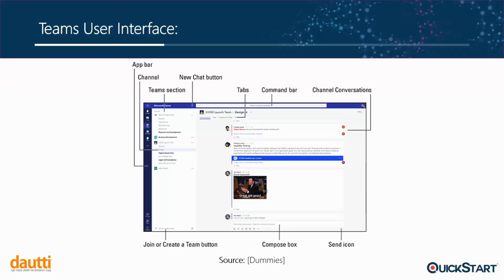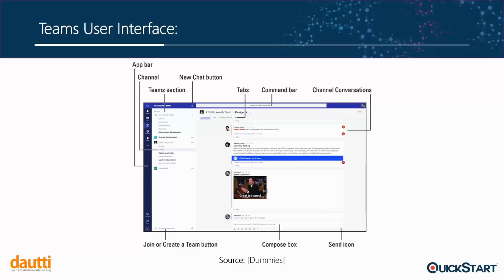Channel conversations depend on where you are located. If you go to the particular team and hit a particular channel, then on the right side, the biggest space of this user interface, is the channel conversation, which displays all of the conversations in the selected channel. And then we have the compose box.